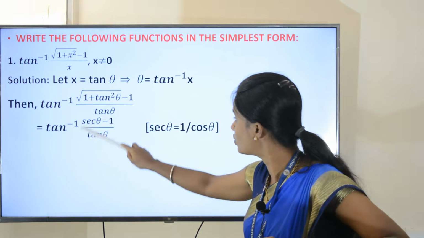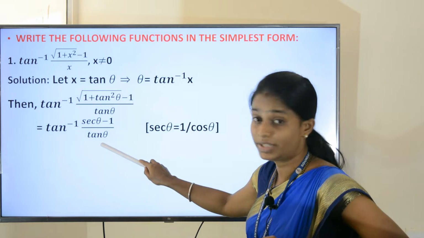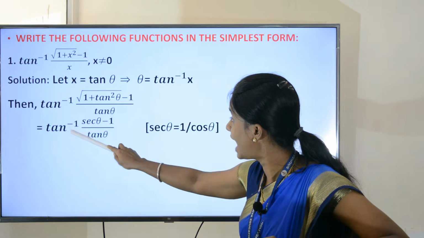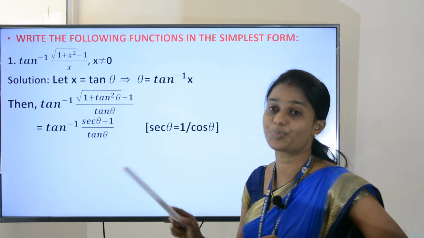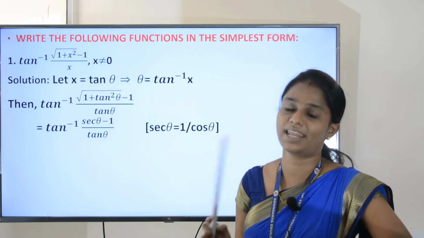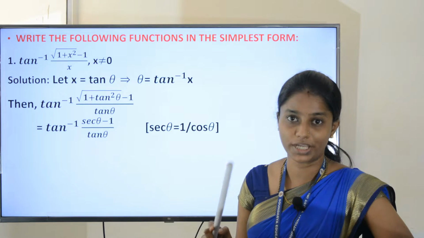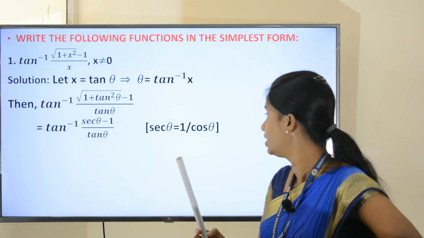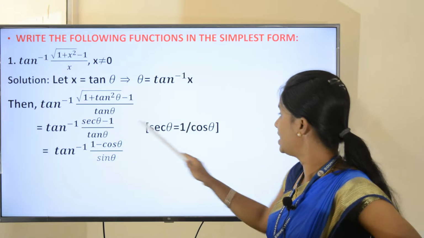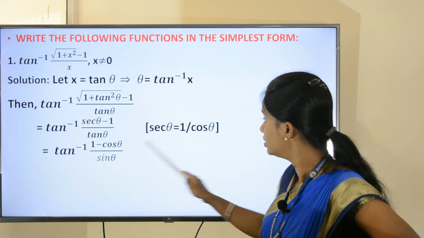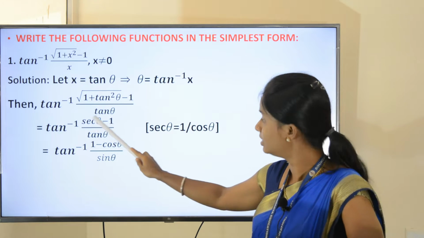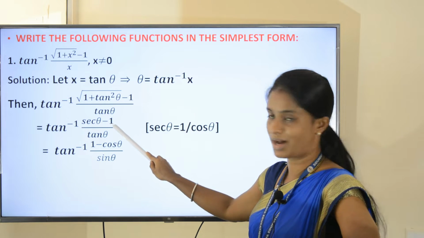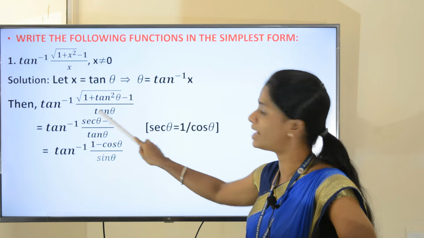Okay. Now we have to simplify this expression till, finally, I get tan inverse of tan of some expression. Then only can I apply the inverse trigonometric property. So secant theta can be replaced with 1 by cos theta. So please observe here, 1 by cos theta minus 1, that is the numerator.